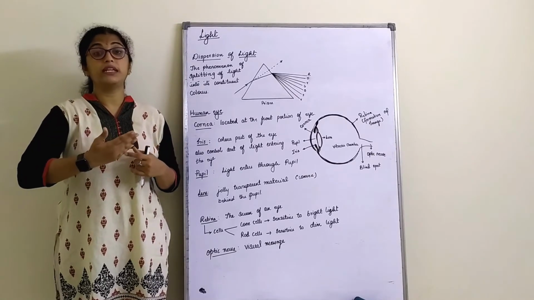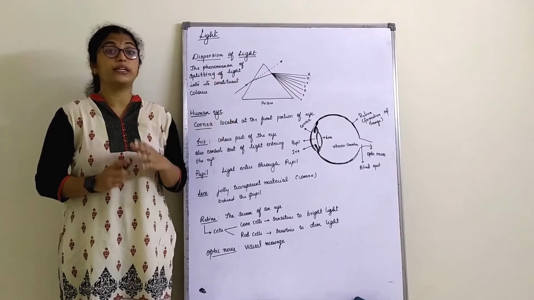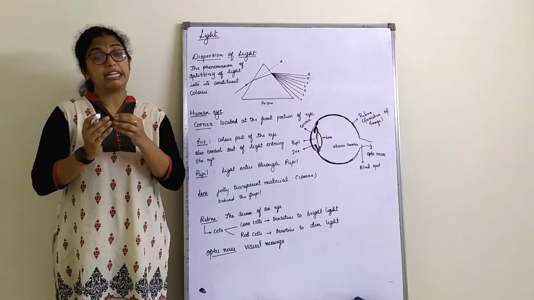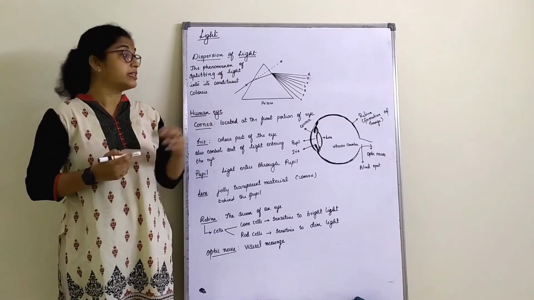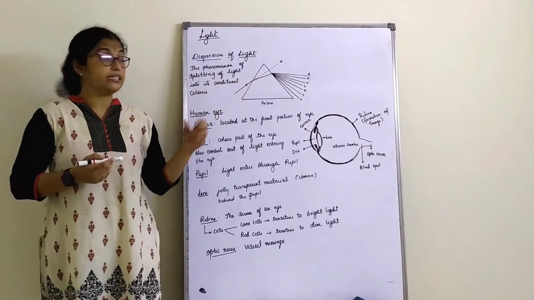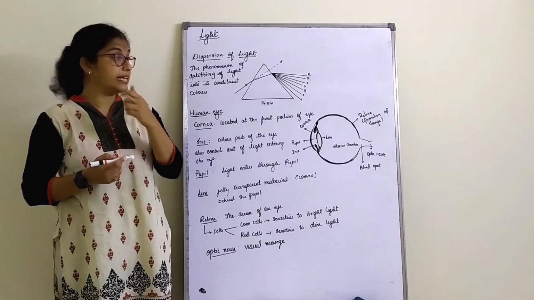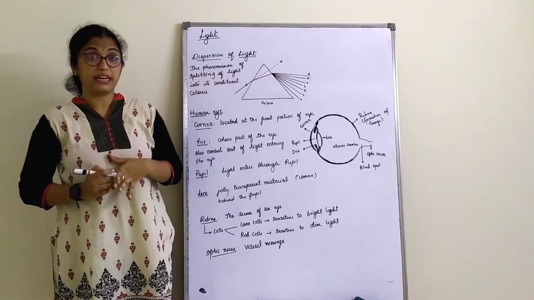So the phenomenon of splitting up of a white light into its constituent colors. Now how can a white light split up into its different constituent colors? When a white light is passed through a prism, it will split into different colors.